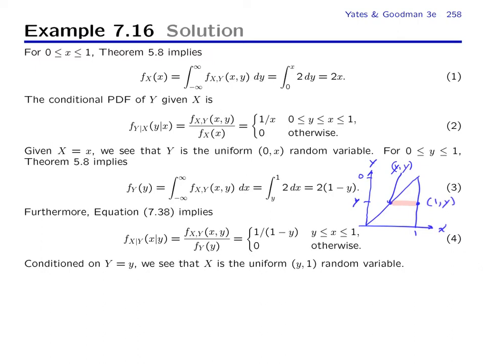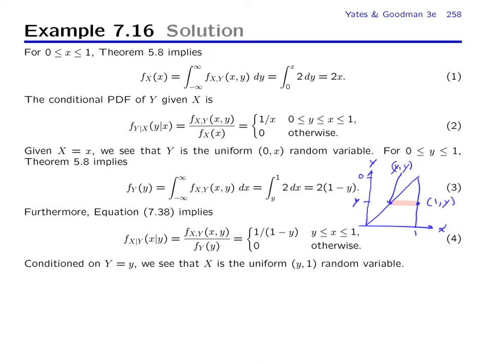So what we see is that for a given y, x has to be between y and 1. And that's how we obtain these limits of this integral, where this joint PDF is non-zero.